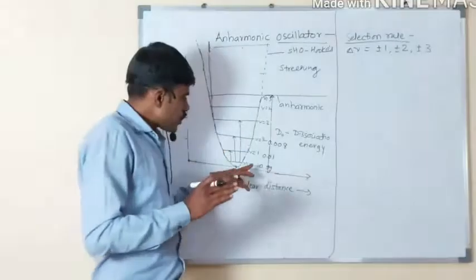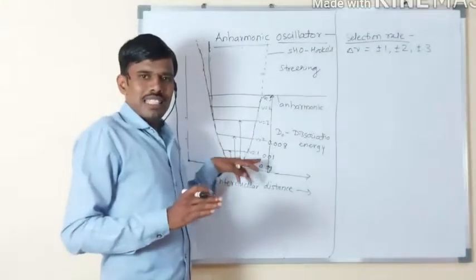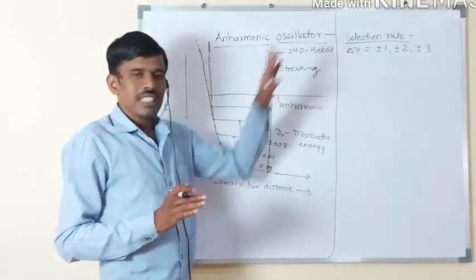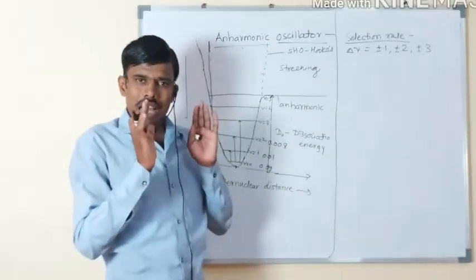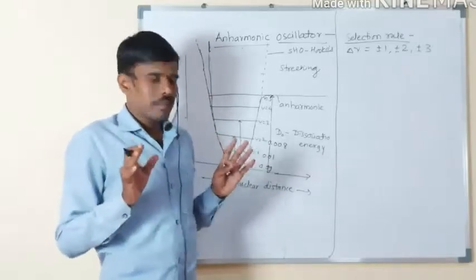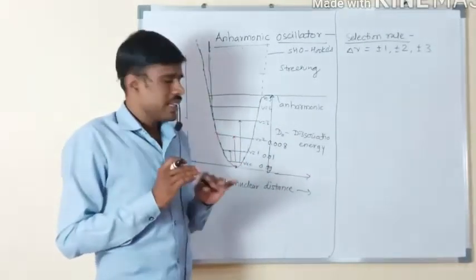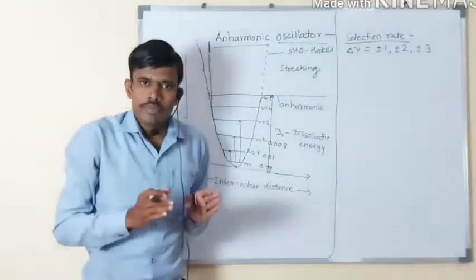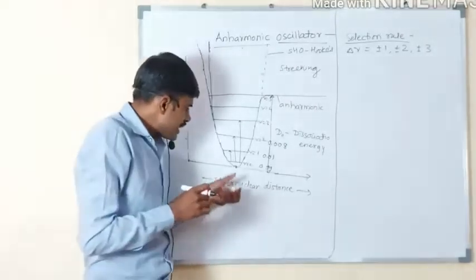So all other transitions as per the selection rule are effectively forbidden. Even though they are allowed transitions, the intensities are very weak or negligible because of the low probability of molecules in that state.